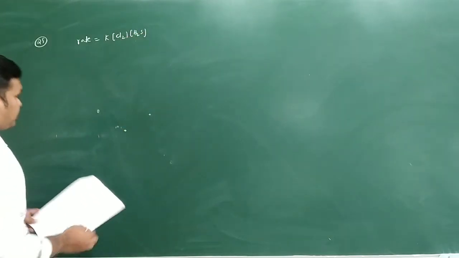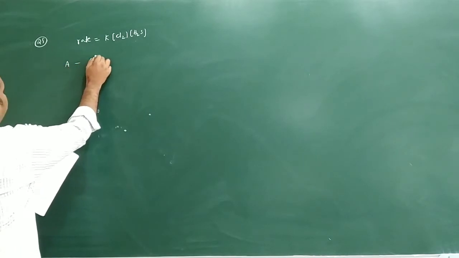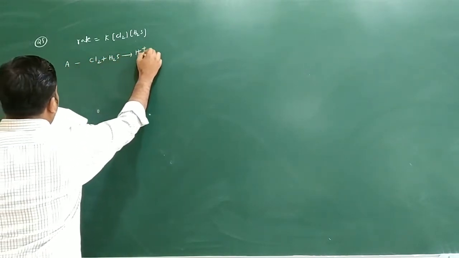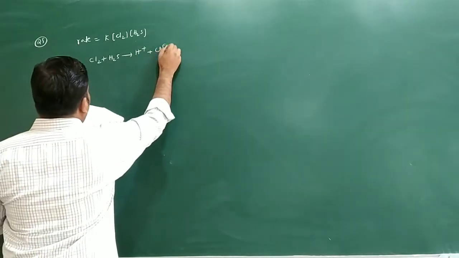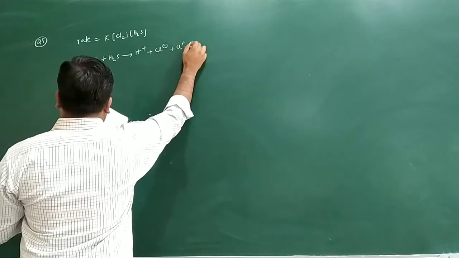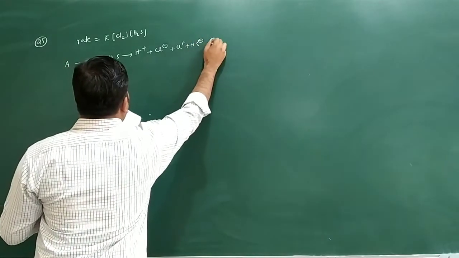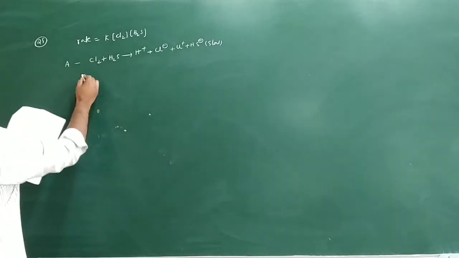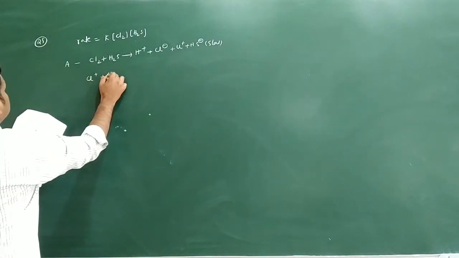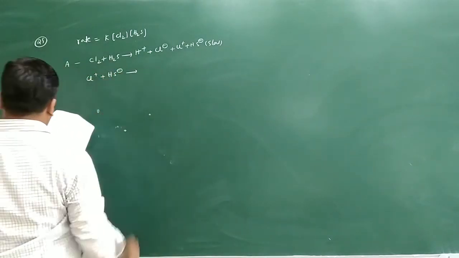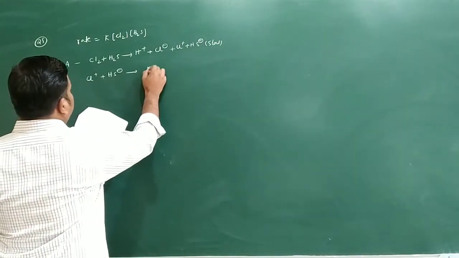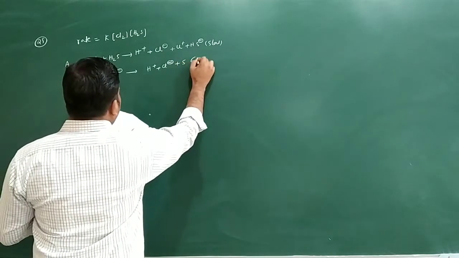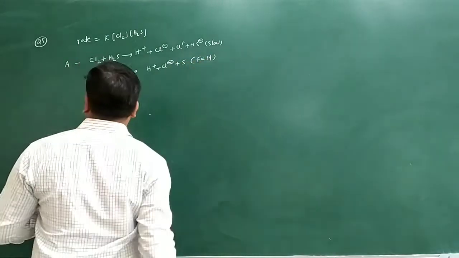They gave options A and B here. A is Cl2 + H2S gives H+ + Cl- + Cl + HS-. This is a slow step. Next, Cl + HS- gives H+ + Cl- + S. This is given as a fast step.